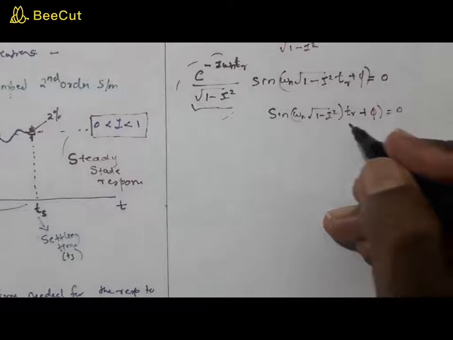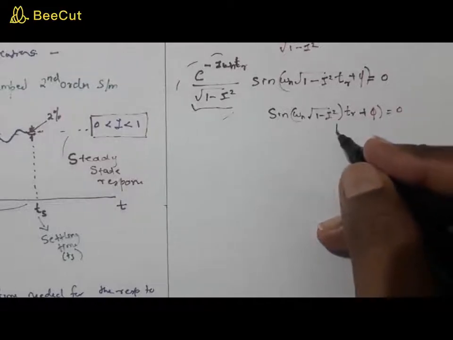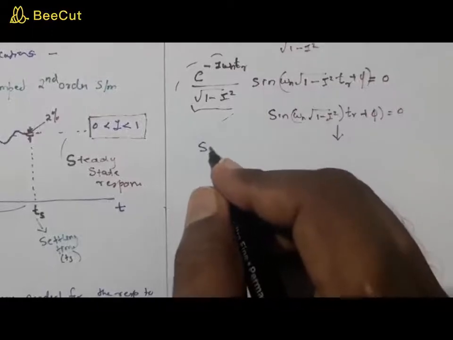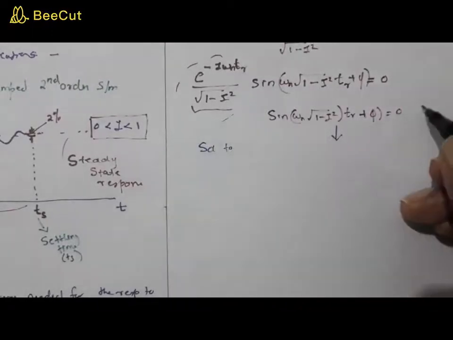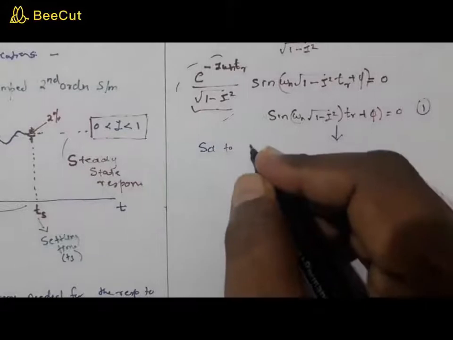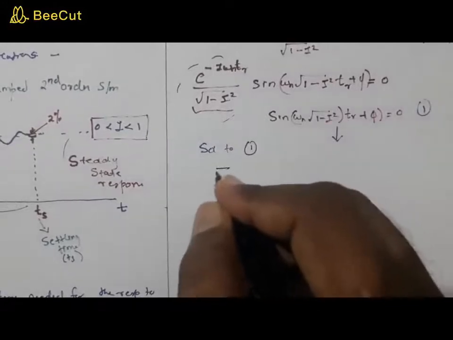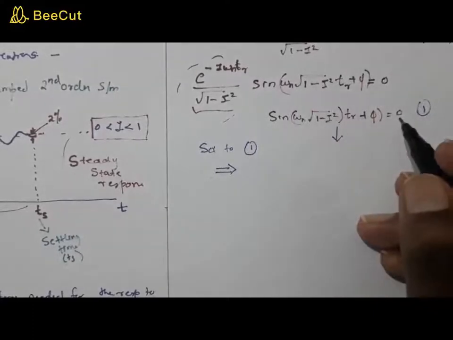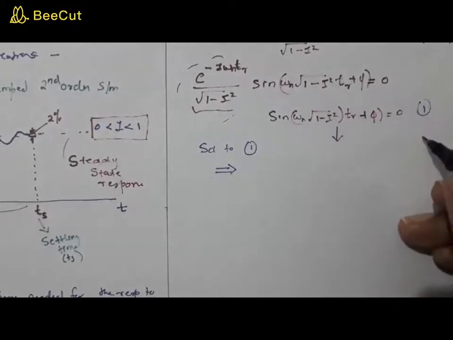This is a trigonometric equation, and let us call this equation 1. The solution to 1 is, when you have sine theta equal to 0, then theta is equal to n pi, right?